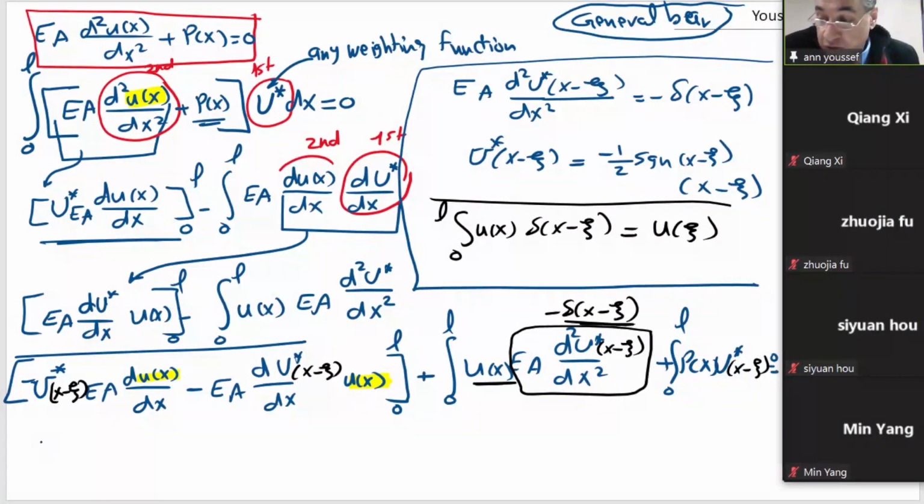We have here u asterisk of x minus xi times this part. I'm going to join these two together.